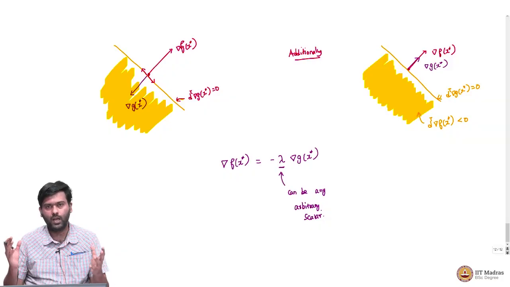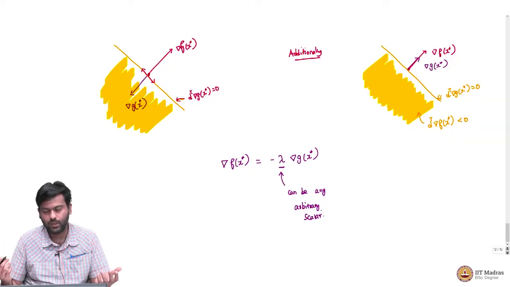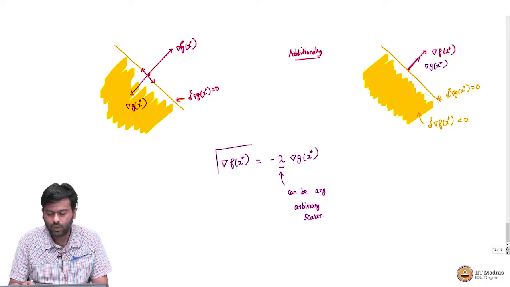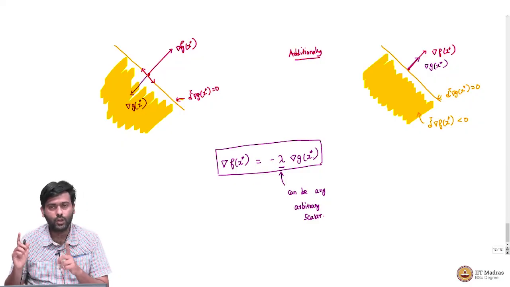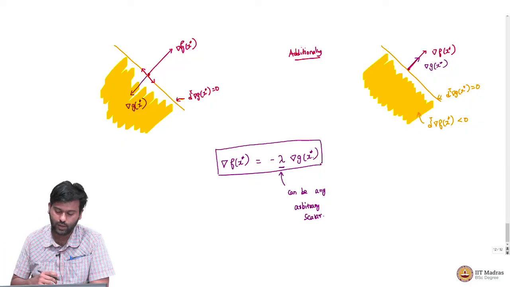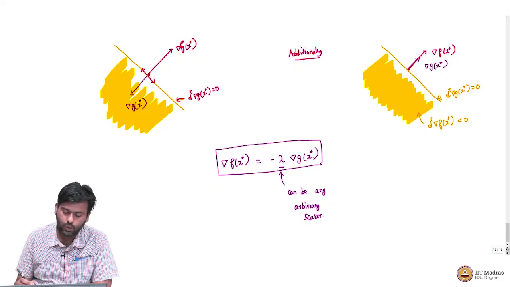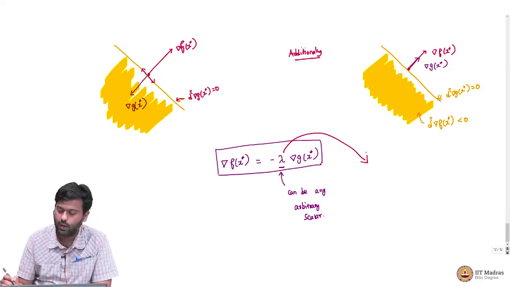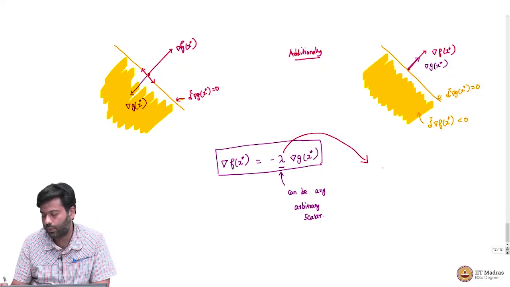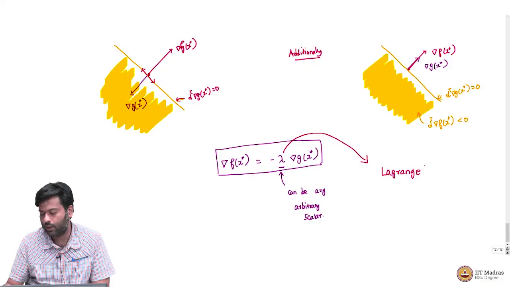So, as long as this condition is satisfied, it is a necessary condition for the constrained optimization problem with an equality constraint. Good. Now, this lambda has a special name, named after Lagrange, a famous mathematician, and it is called the Lagrange multiplier.